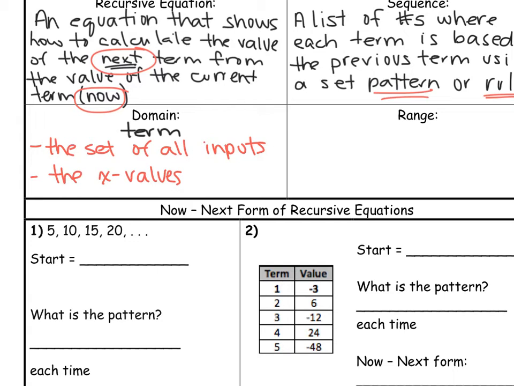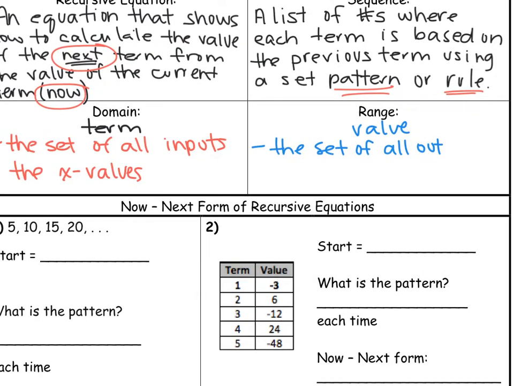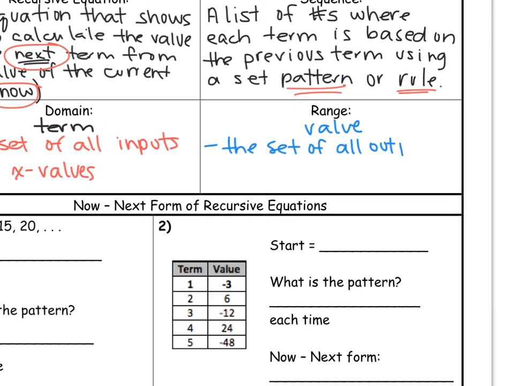Range is our value. So our value of the first term in this sequence down here is 5. The value of our second term is 10, 15, and then 20. We'll also refer to these later on as the set of all outputs, which are our y values.